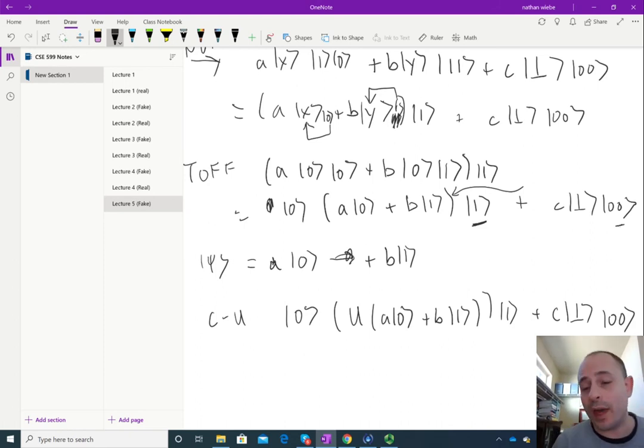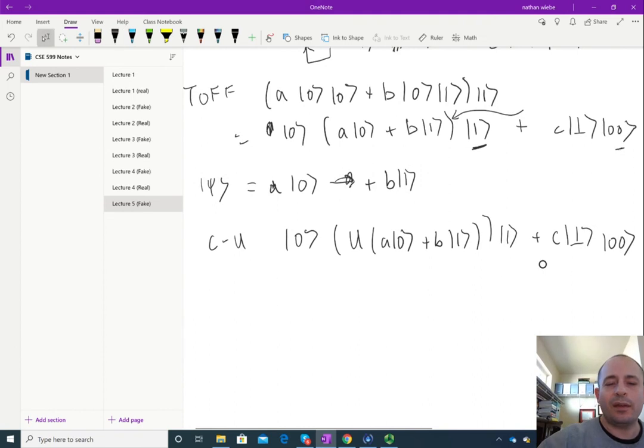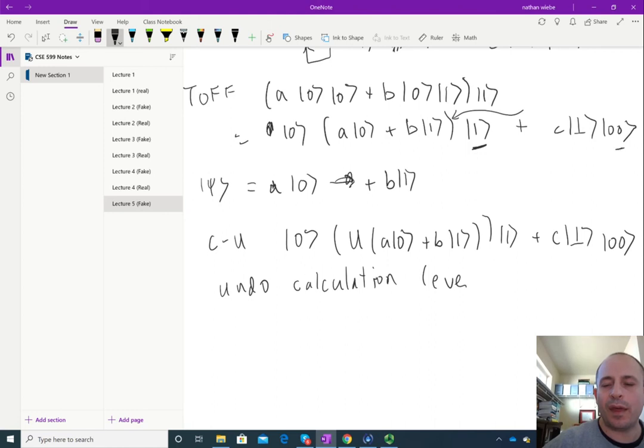So this gives us a way of manipulating each of these individual states and applying a transformation on it. Then undo the calculation for everything but the controlled unitary. So that switches the basis back.